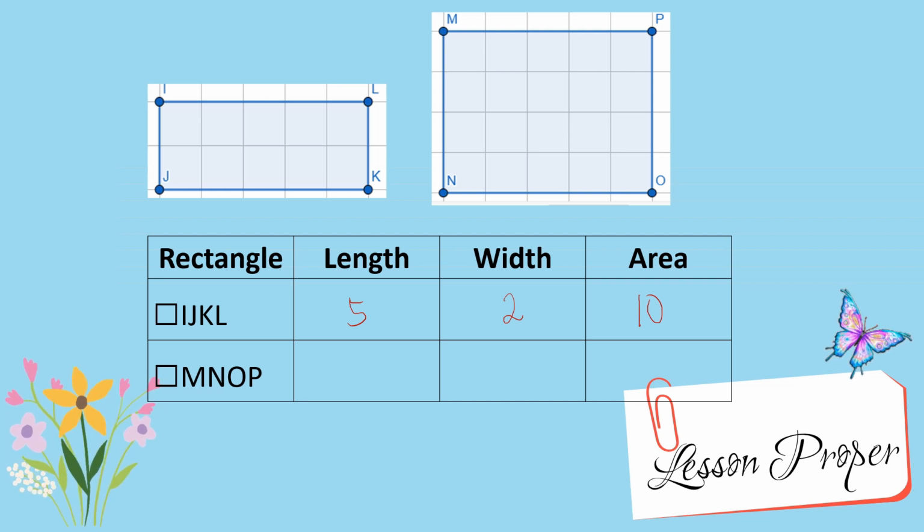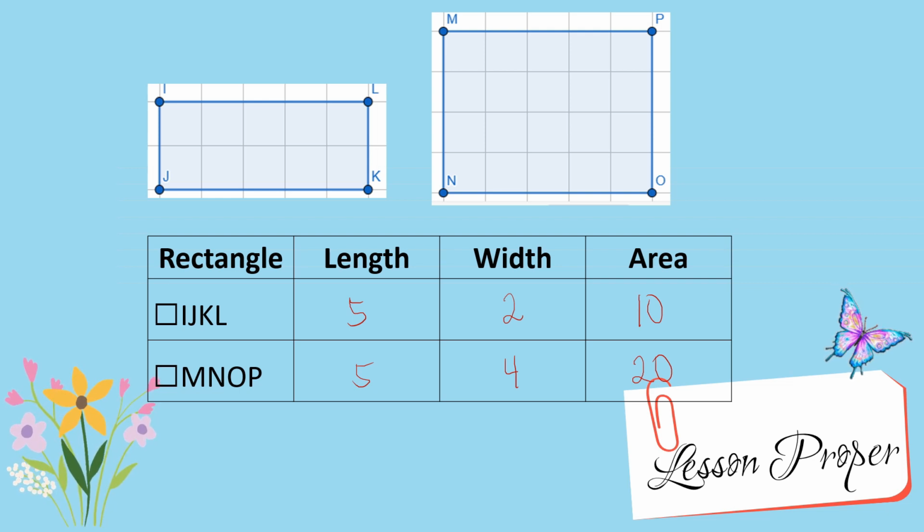For rectangle MNOP, the length is 5 units and its width is 4 units, so what is its area? That's also correct. The answer is 20 square units.